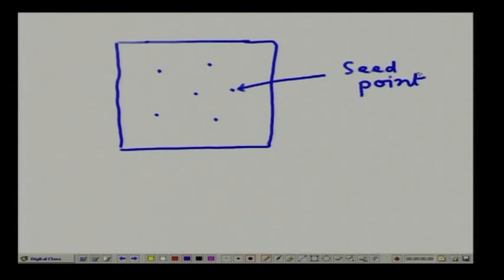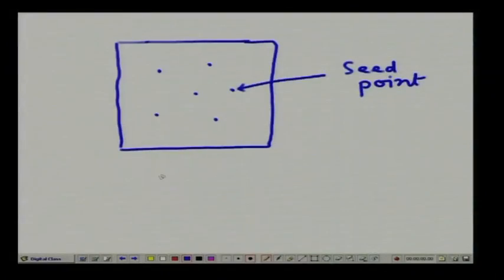Then the region growing operation tries to grow the region starting from the seed point by incorporating all the points which are similar to the seed point. Now, this similarity measure can be of different types. For example, we can say that two points are similar if their intensity values are very close, and the points are dissimilar if their intensity values are widely different.